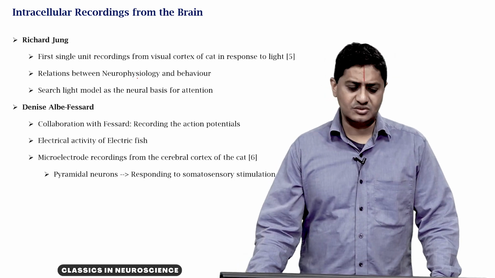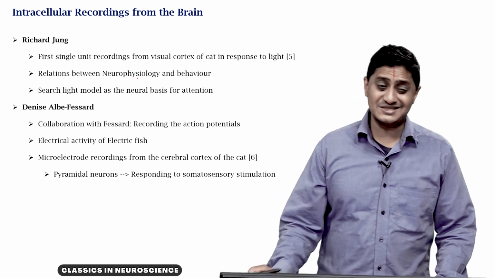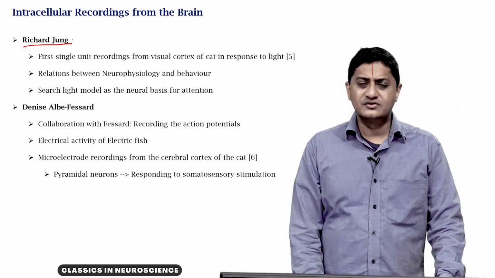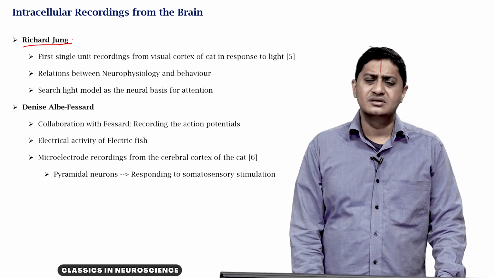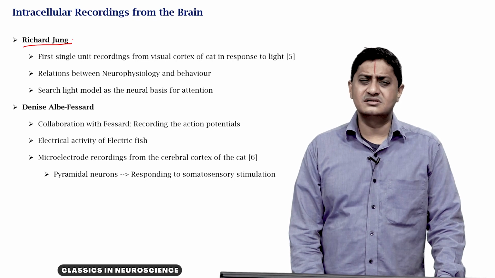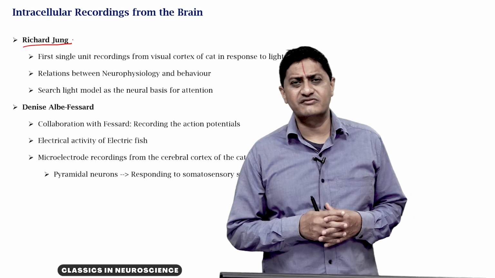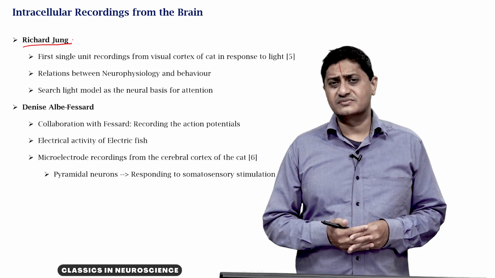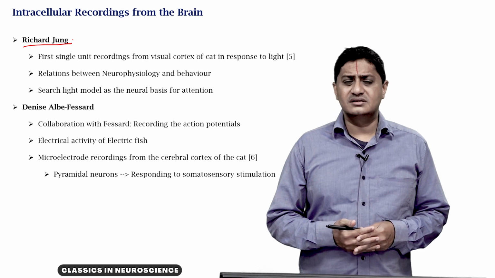One of the scientists who pursued this line of work in Germany was Richard Jung. Richard Jung received medical training in Germany, and after his medical training, he was inspired by the discovery of Hans Berger, which is EEG.